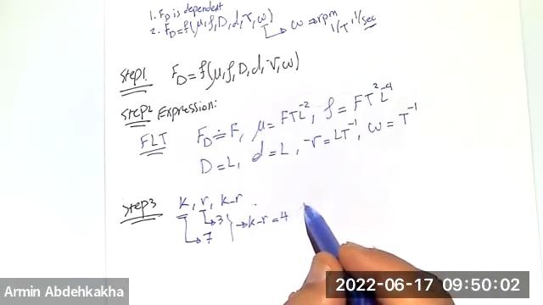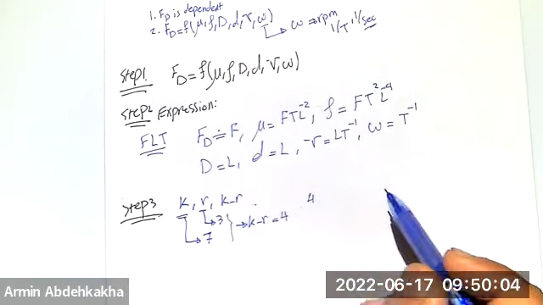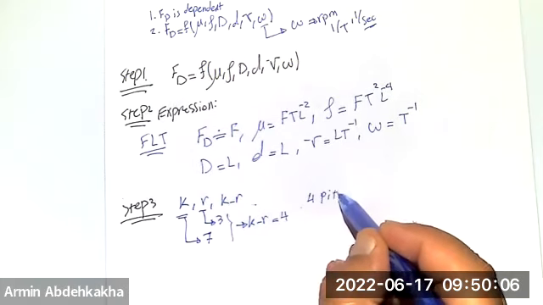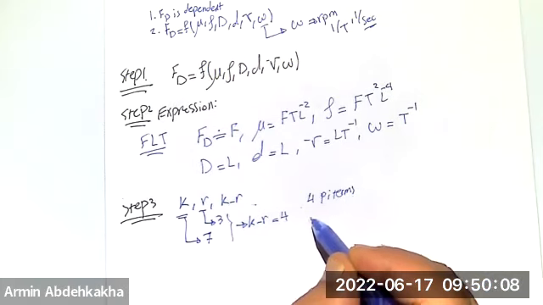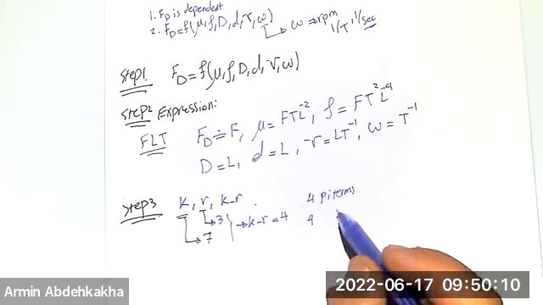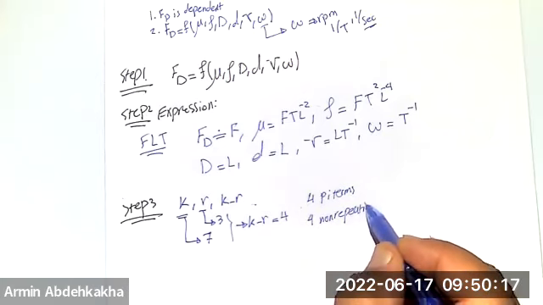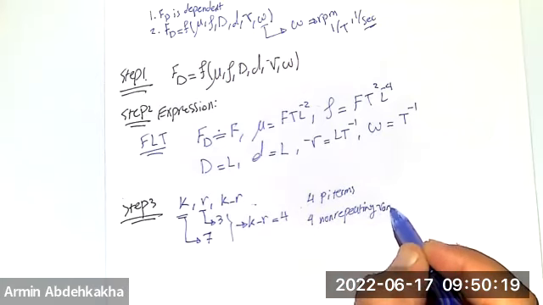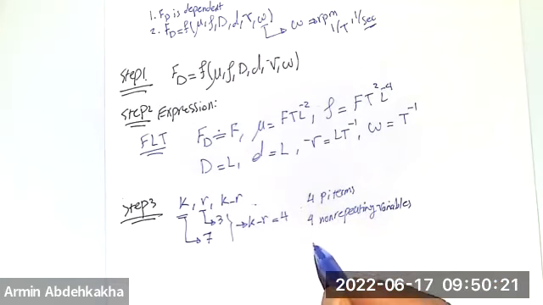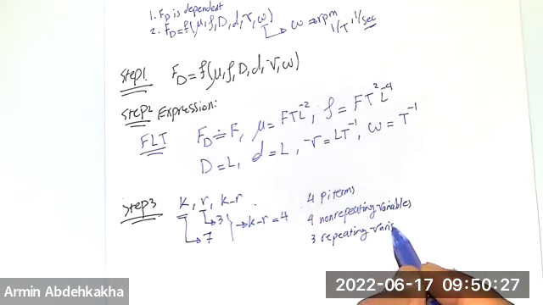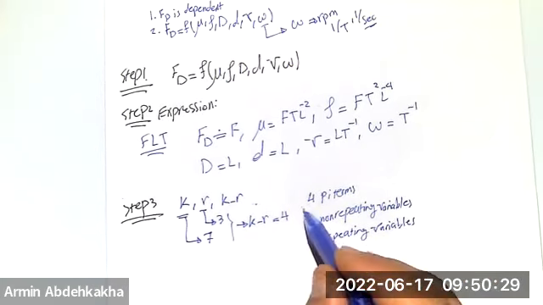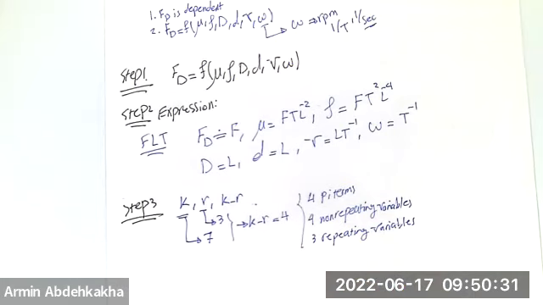The number of groups that you need is 4 pi terms, 4 non-repeating variables needed for these pi terms, and finally 3 repeating variables. These are our conclusions.